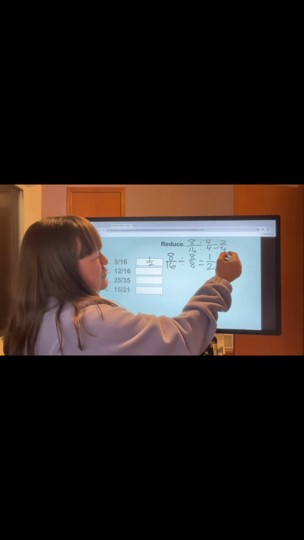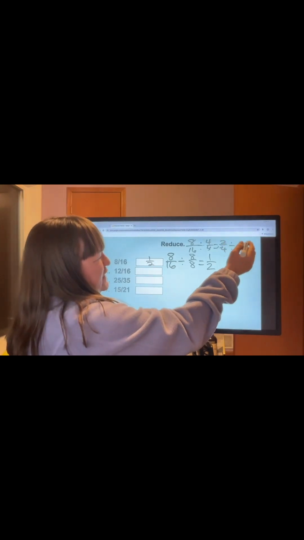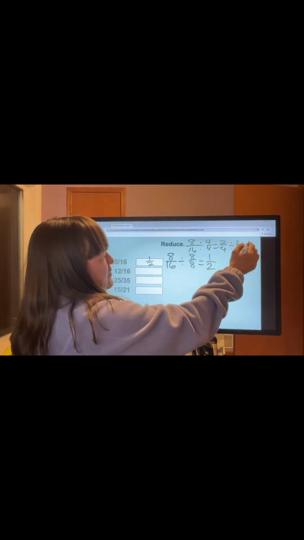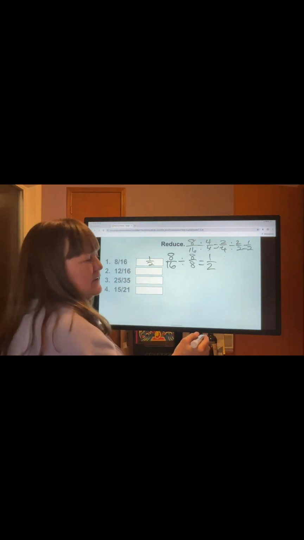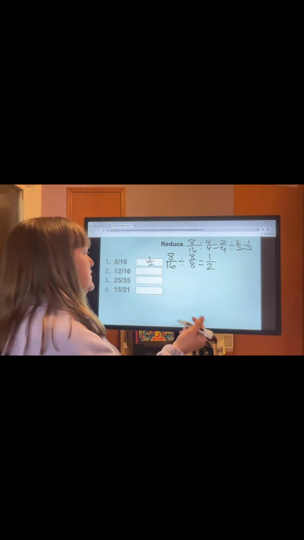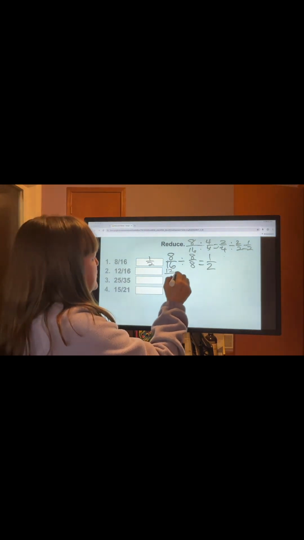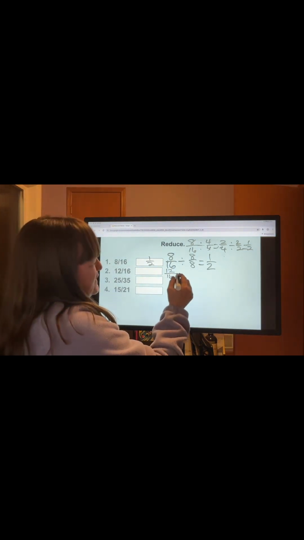So now you have 2 over 4, you have to reduce it again. What number goes into both of those? Would be a 2, and that would equal 1/2. You still get the same answer, you just have to have more steps, that's all, if you don't have the biggest number.